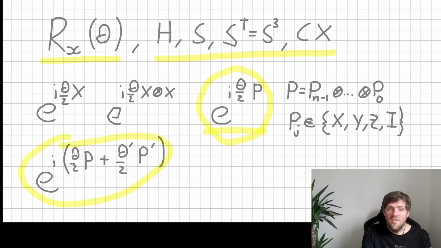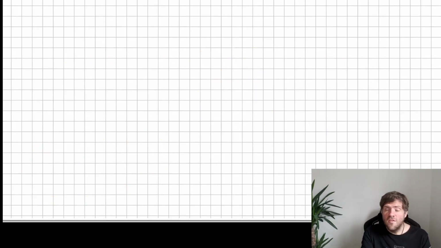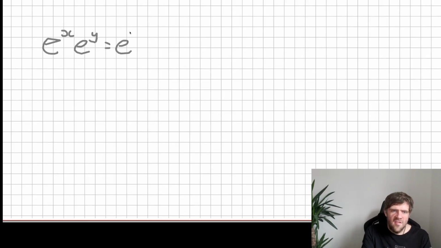Well, there's a naive approach. It doesn't work, but we can adapt it into something that does. So the naive approach is to remember from school that e to the x times e to the y is equal to e to the x plus y.